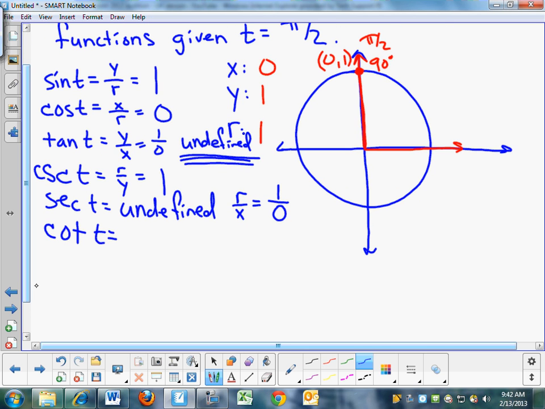So just want to make sure that's clear. And then cotangent is the reciprocal of tangent. What's the reciprocal of undefined? 0. Yeah, because it brings the 0 that was in the denominator to the numerator. So again, you can see you would have x over y, which is 0 over 1, which is 0. So can you do those type of problems? Okay, awesome. Then let's try one more.